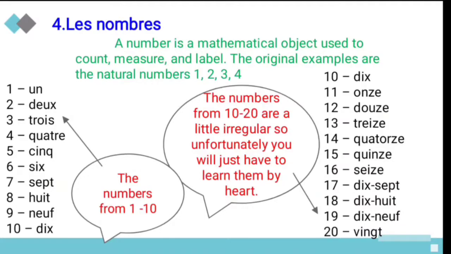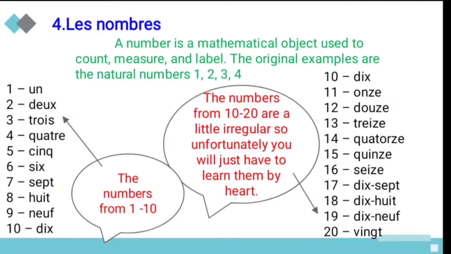See, 1, 2, 3, 4, 5, 6, 7, 8, 9, 10. So you have to read by yourself.